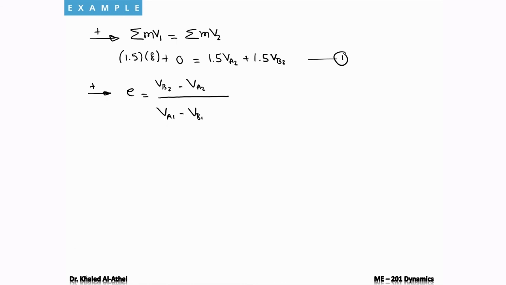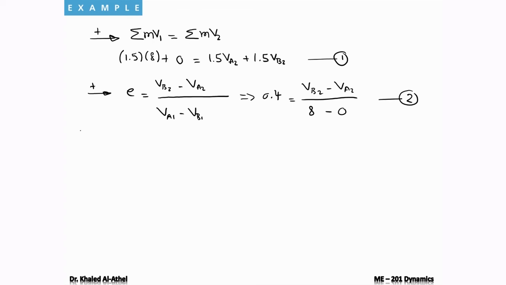I'm going to substitute the values that we have. It's going to be 0.4 should equal the final velocity of B, unknown, minus the final velocity of A, unknown, over, this is given as 8 minus 0. So this is the second equation.